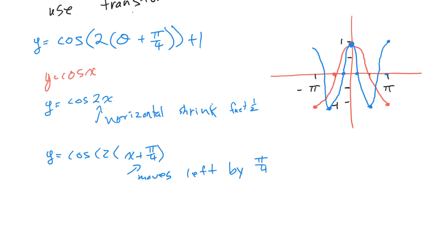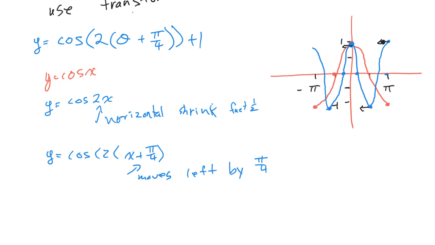So all of the points in our graph get shifted this way by 1/4 pi. This point goes to here. This point doesn't go there, but it goes halfway.